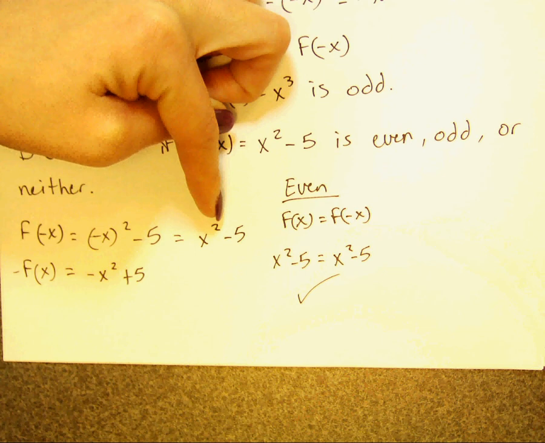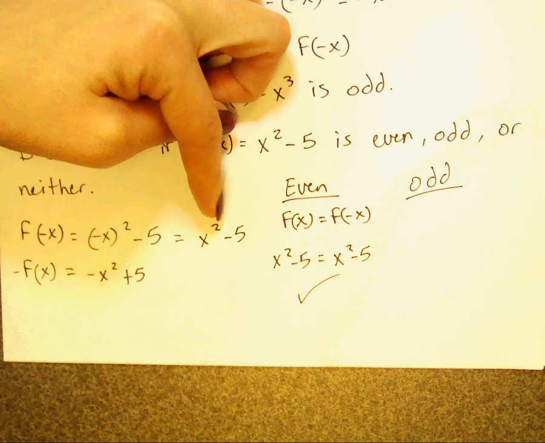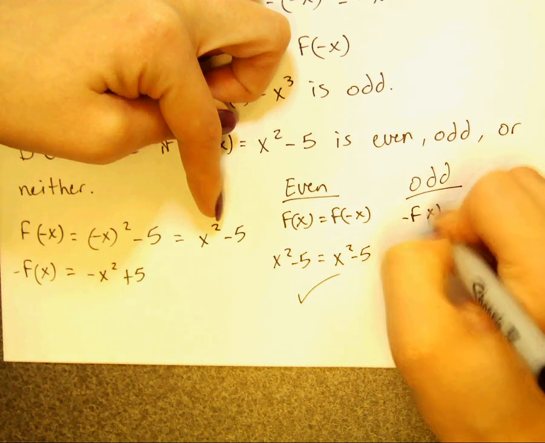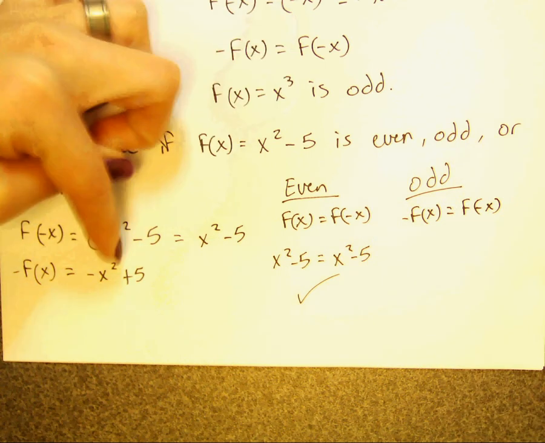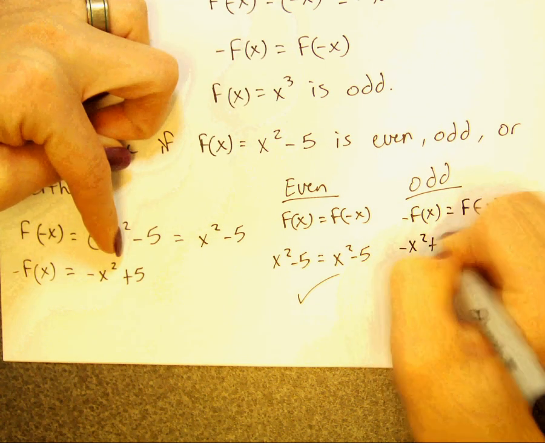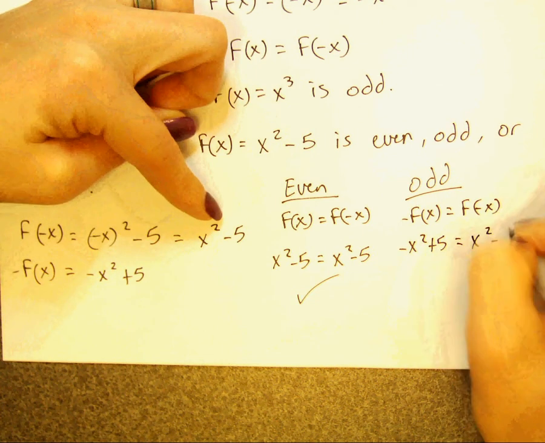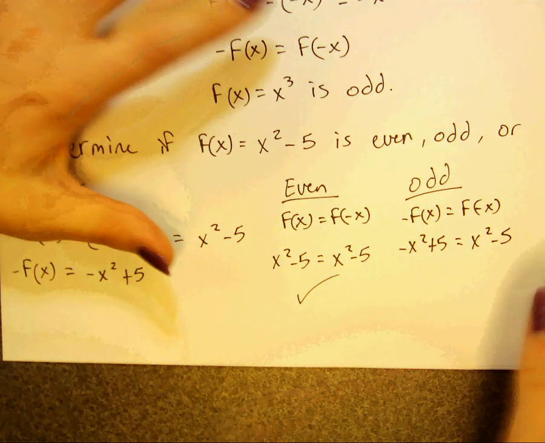For kicks and giggles, let's check and see if it's odd. So if it's odd, then negative f of x should be equal to f of negative x. Negative f of x is negative x squared plus 5. F of negative x is x squared minus 5. Are they the same? No, they're opposites of each other, right? But that doesn't do any good for me.